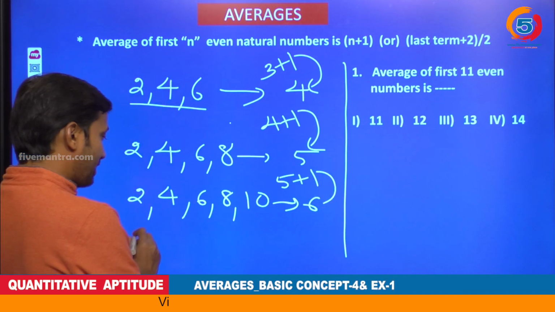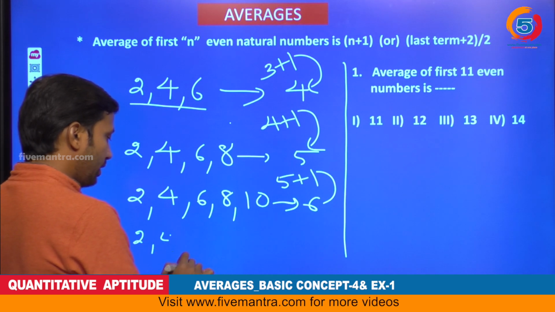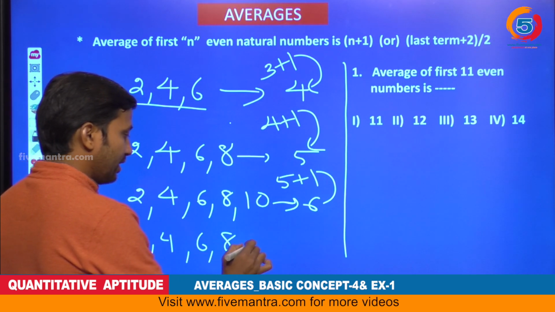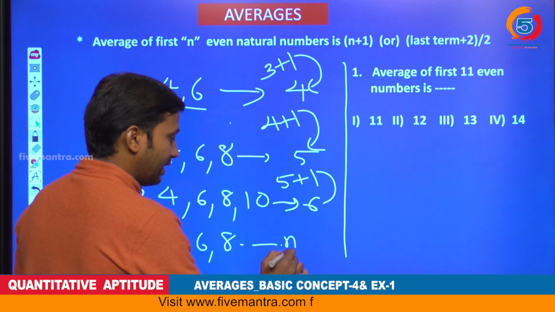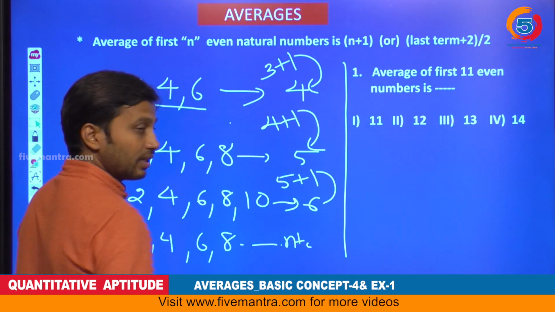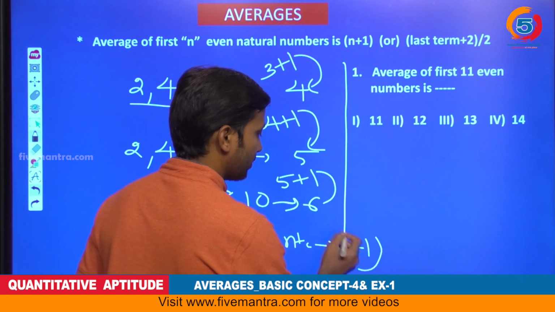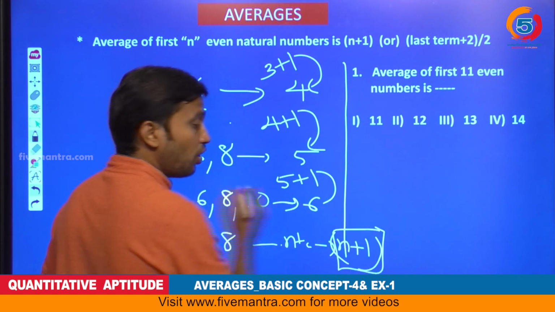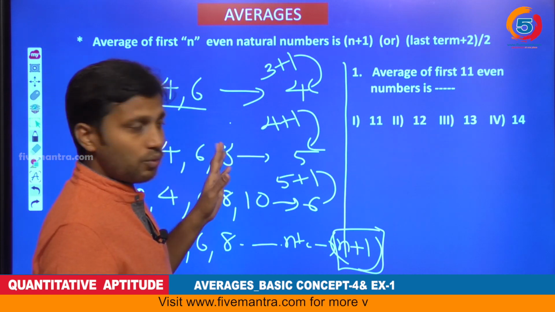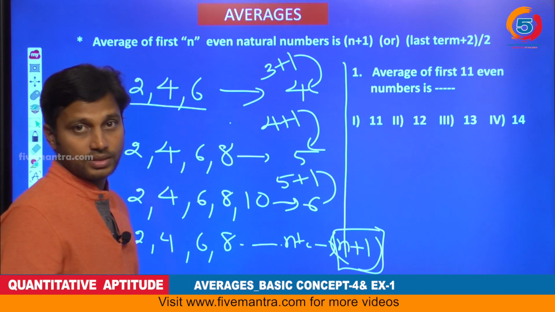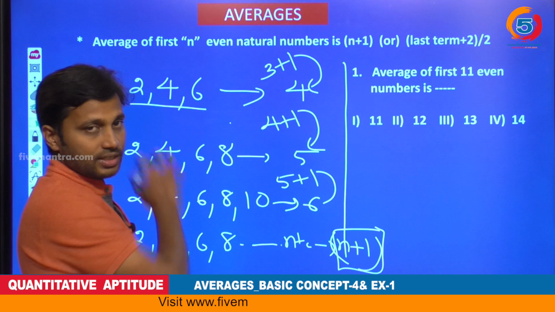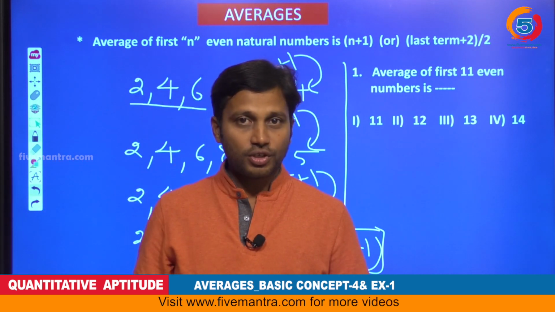So if you extend this to 2, 4, 6, 8, and so on up to n terms, then what can be the average? N plus 1, or not? Why? Because what are these numbers? 2, 4, 6, these are even numbers, or not?